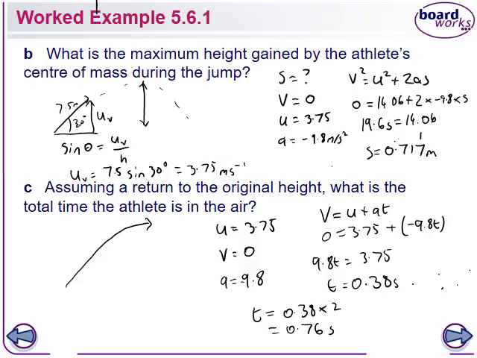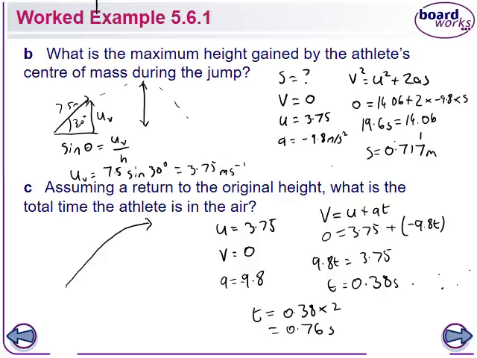Now, something I want you to get into the habit of is what I call the common sense test. You may have heard me use this before. If you imagine yourself as a long jumper, our maximum height is 0.7 metres. Does that sound reasonable?